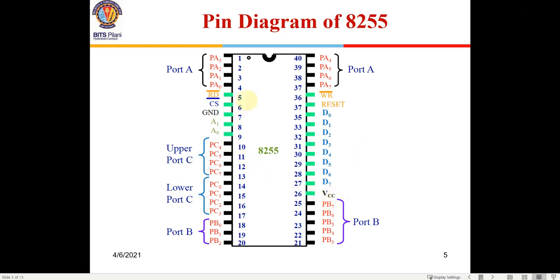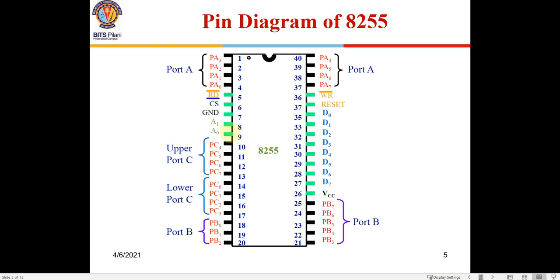Then you have one VCC, which is the power supply pin, and a ground pin also available here, to power this 8255. Then you have A0 and A1. These are the 2 pins which will select which port is going to be connected to the D0 to D7 pins. So you have 2 bits, A0 and A1.